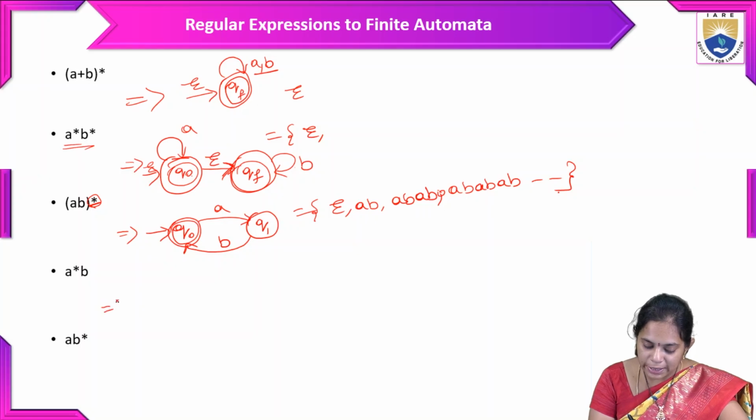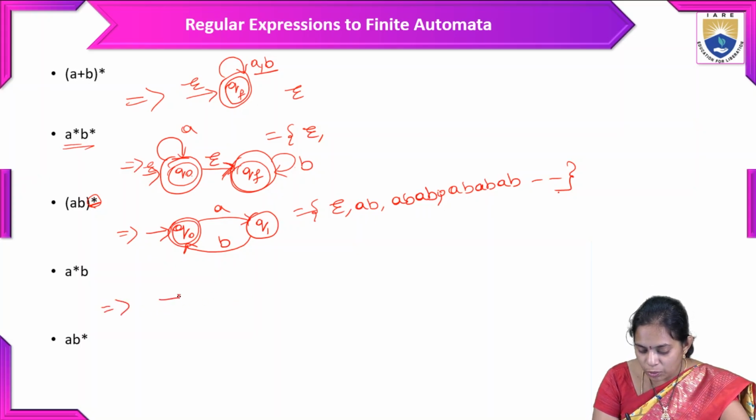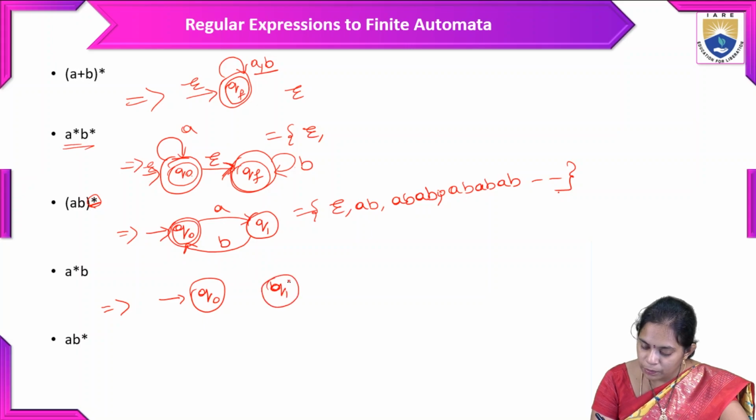And next, A*B. So A*B is nothing but, we need to take A, so A star, so Q0 and Q1. So it is reaching the final state.